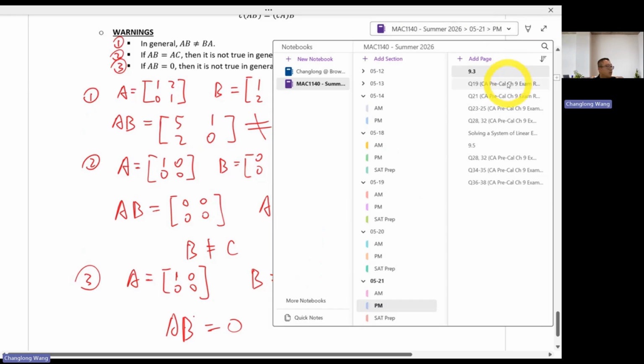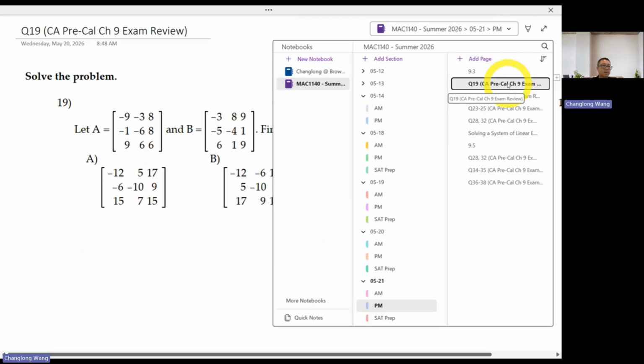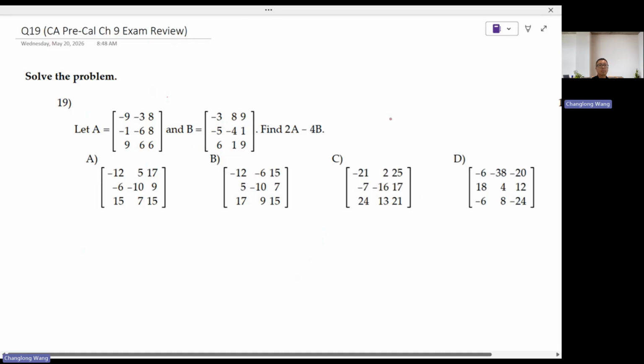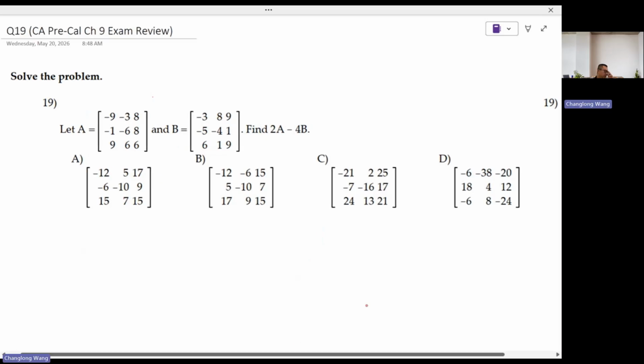Just in case, if you're looking at the chapter 9 review packet, the one that has 38 questions, and you get question 9 or question 19 on the test, it could be either MCQs or FRQs.